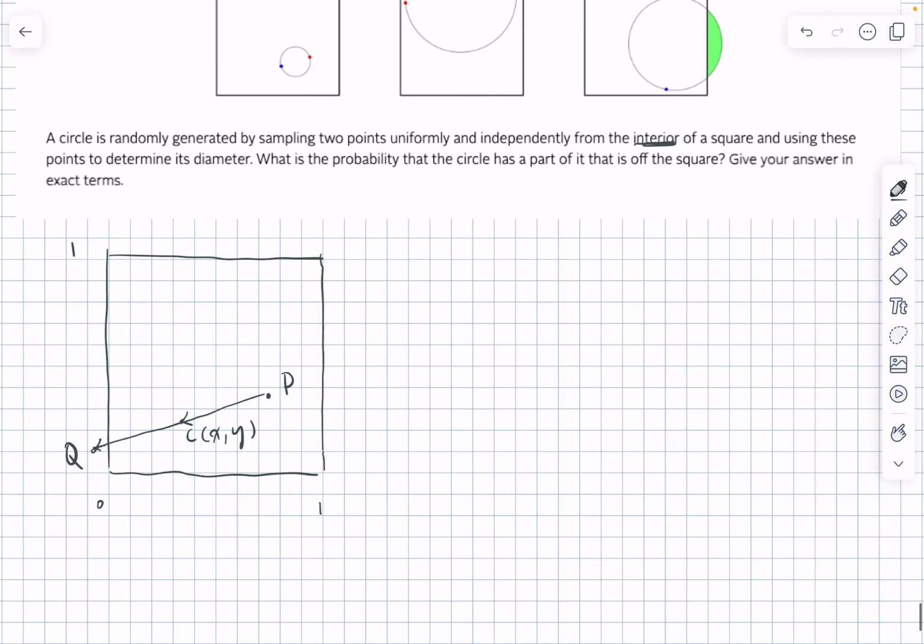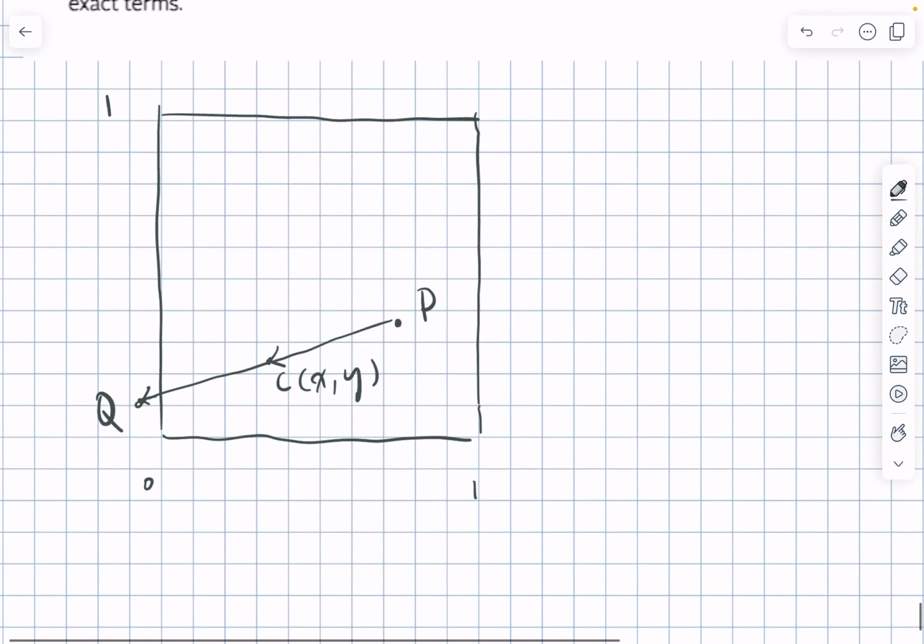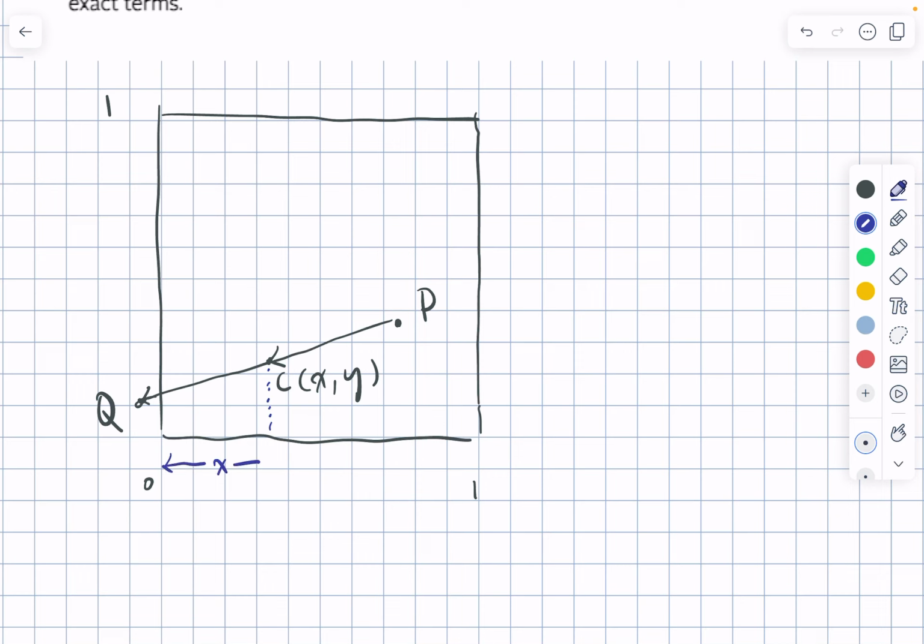Looking at this square here, we know that C has coordinates x and y. Let's draw a dotted line. The distance from 0 to C is going to be x, and this distance here is going to be y. For Q to be off the square, we're picking a P that is too large on the x-axis.